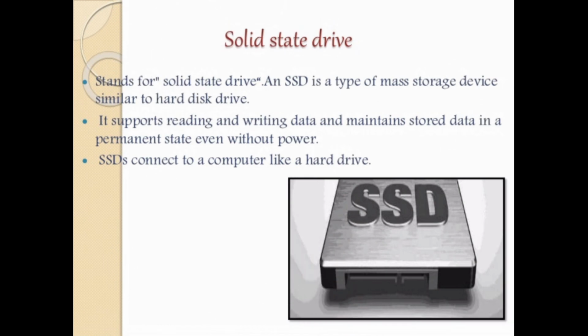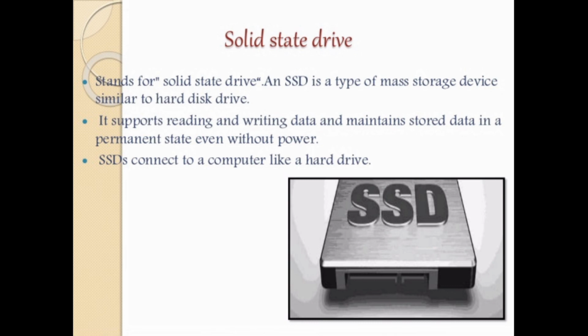So let's now see here in this slide external memory devices, solid state drive. A solid state drive is a type of mass storage device similar to a hard disk drive. It supports reading and writing data and maintains stored data in a permanent state even without power. A solid state drive connects to a computer like a hard drive device.